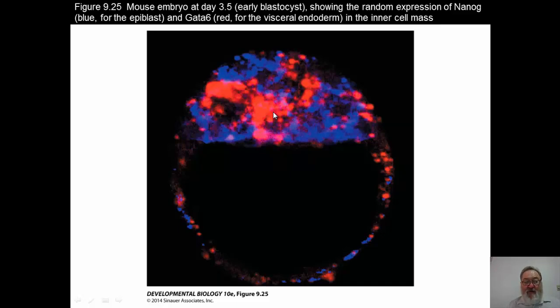The first segregation of these cells then within the mass forms two layers. And the lower layer is in contact with the blastocele and is called the primitive endoderm, which we don't see here yet, and it's homologous to the hypoblast of the chick embryo.